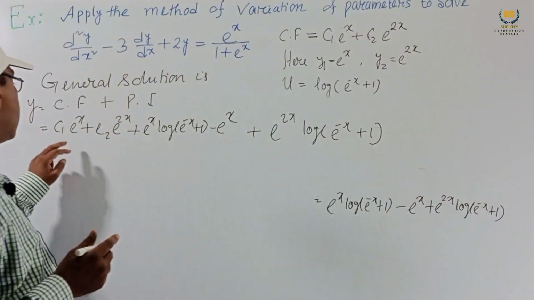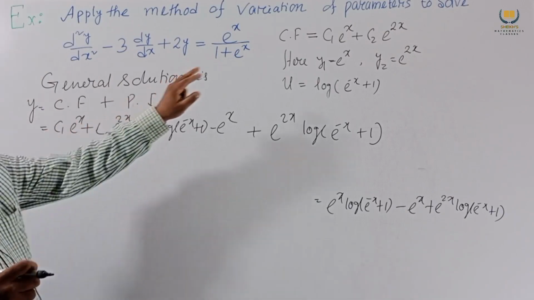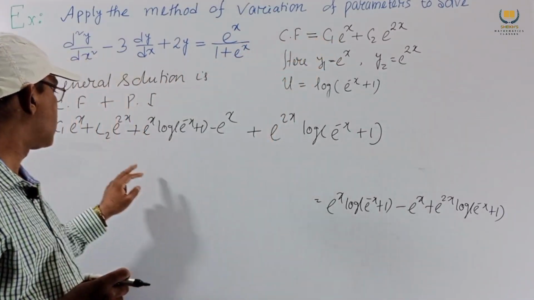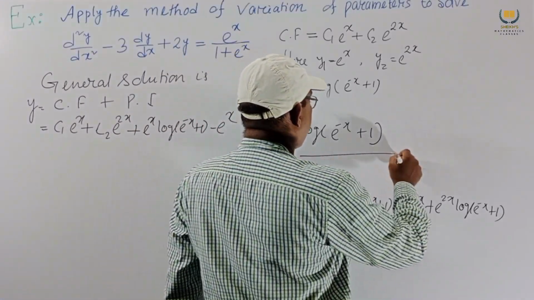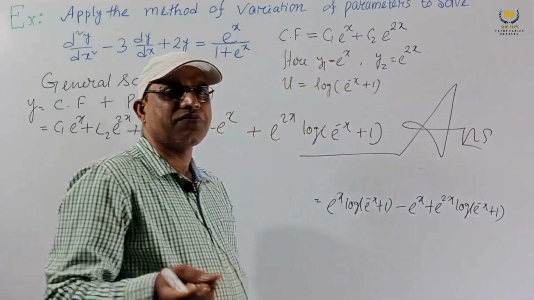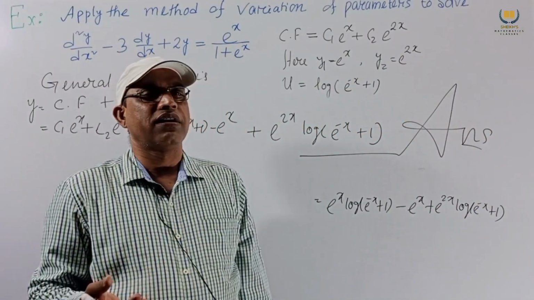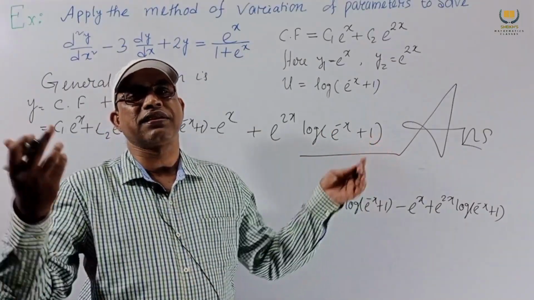So this is CF, which we already know, plus PI, and this is our final answer. Very easy solution, just putting the values of u and v in the formulas, ultimately the answer will come.